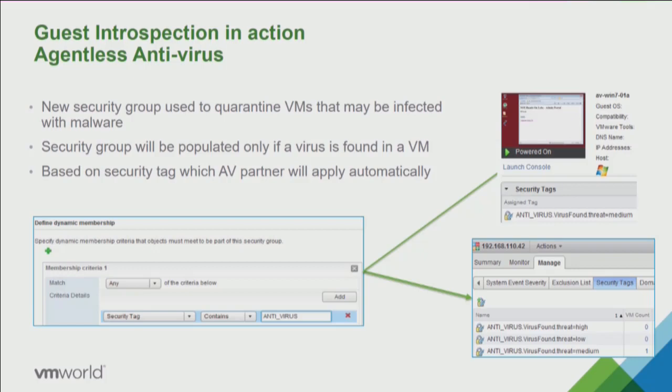The partner security VM finds the virus, and we've set it up so that it automatically sets the tag for a virus. Because of that tag, the VM now belongs to a new security group based on that tag, and the policy for that security group is that it's going to be quarantined. So just by the simple fact of finding the virus and setting a tag, the VM automatically gets quarantined.